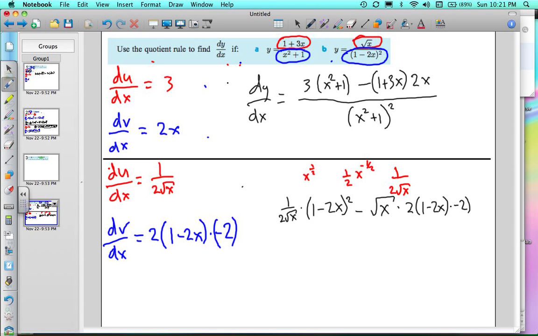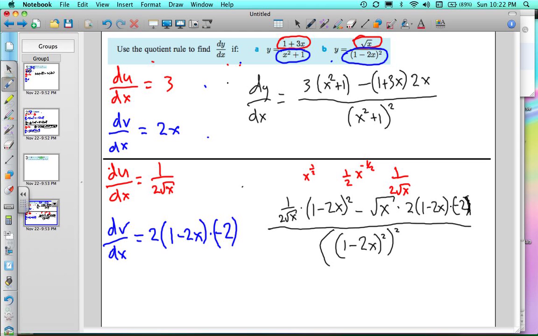That's it. Maybe put parentheses around there so you know it's not minus 2, it's times the negative 2. Now, of course, you can always simplify this, or, oh, sorry, we're not done. All over the denominator function squared, which would be 1 minus 2x squared, and then that is being squared.